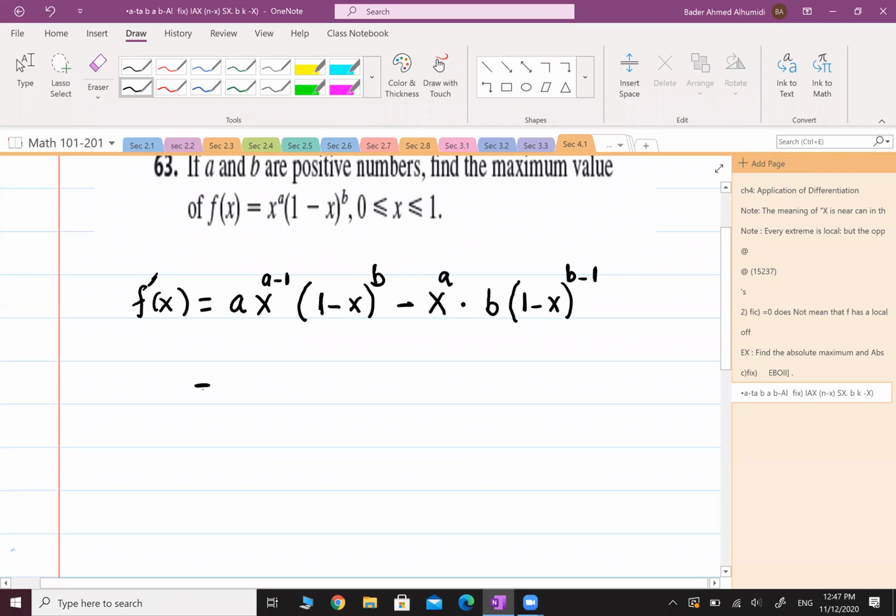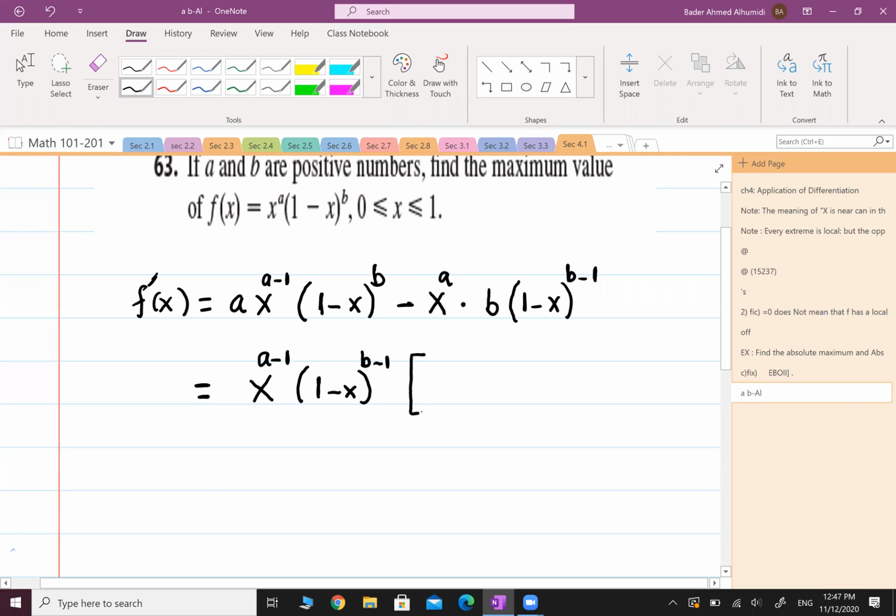What I will do is take common factors. The common factor here is x to the power a minus 1, that is with the smallest power, times 1 minus x all to the power b minus 1.